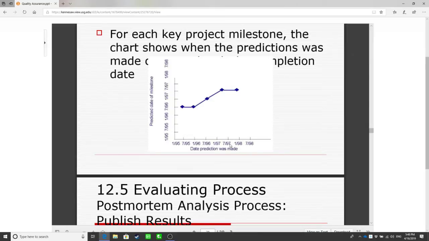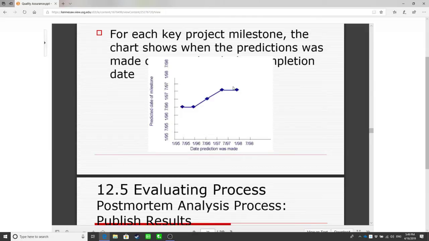And again, 6 months later, the prediction becomes July 97. And then in January 98, the prediction is still July 97. Well, probably here it means this task is finished, right?